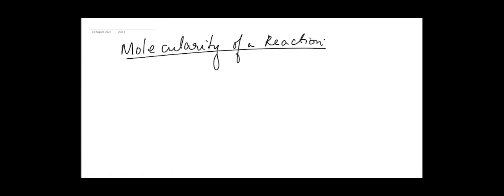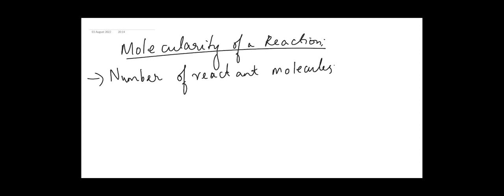Now let us come to the molecularity of a reaction. So molecularity of the reaction is nothing but the number of reactant molecules which is involved in a specific reaction. Or simply we can write it as number of reactant molecules.